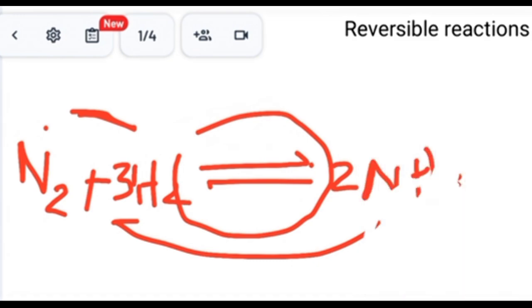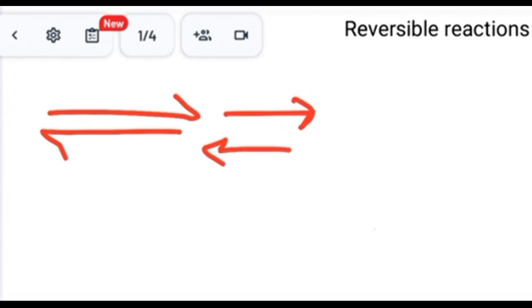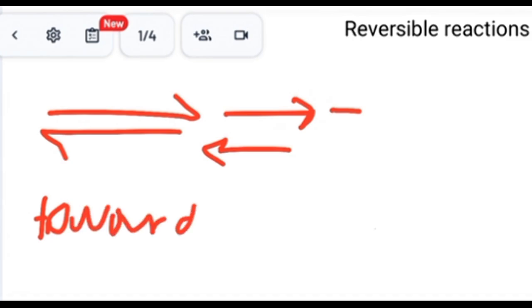Okay, so we'll have a look at the reaction symbol. So this was the symbol, right? And if you look at the symbol, it has two arrows, one going in the forward direction and one going in the backward direction. This means that these reactions have two reactions going on, in which one is the forward reaction and the other is the backward reaction.